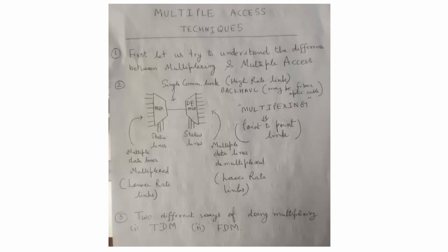That means the full time can be divided into slots, and each slot can be allocated to different users at different times, right? So that is known as time division multiplexing.